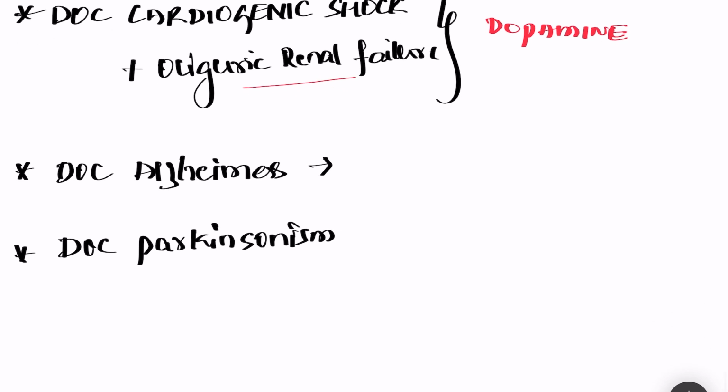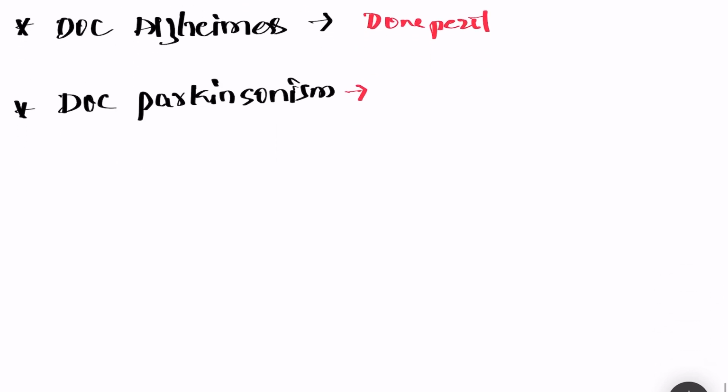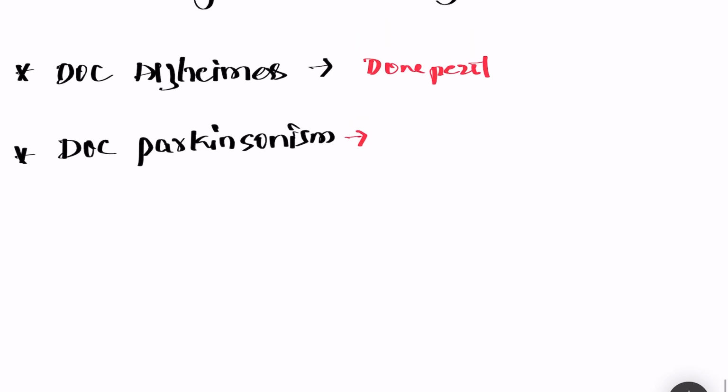So which is the drug of choice for Alzheimer's? It is your donepezil. What is the drug of choice for Parkinsonism? The drug of choice will be your levodopa.